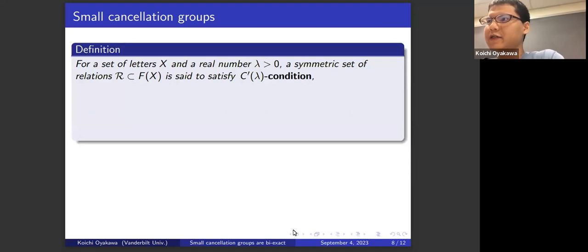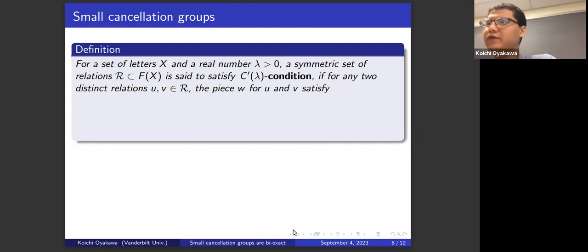The small cancellation condition says that, given two words in a relation, the piece is very small compared to the length of the relations.